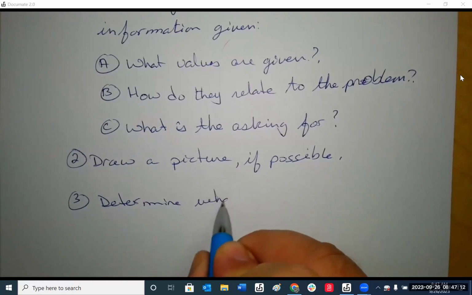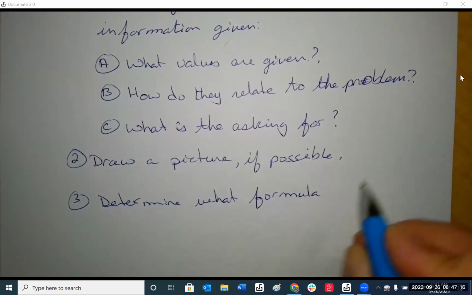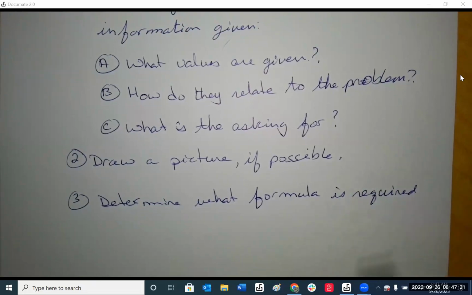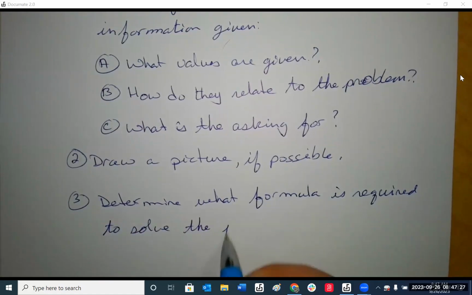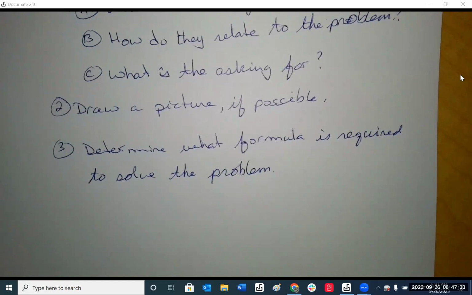Determine what formula is required to solve the problem. It may be given to you in the words or the picture itself. When you draw it out, it'll tell you.